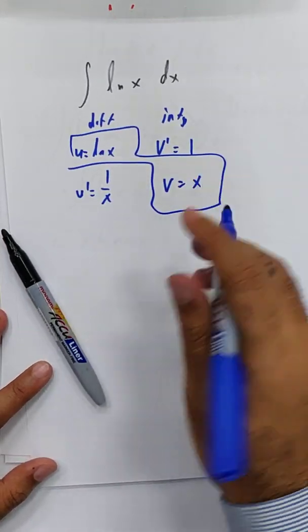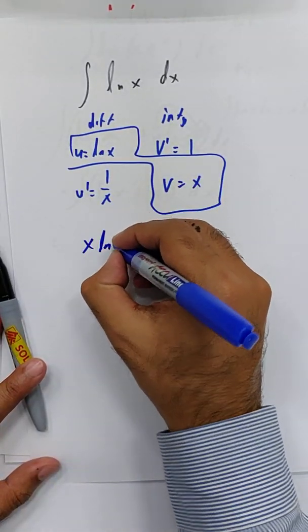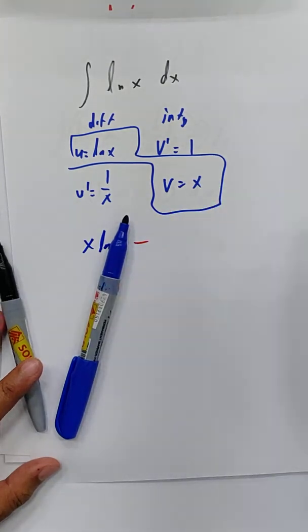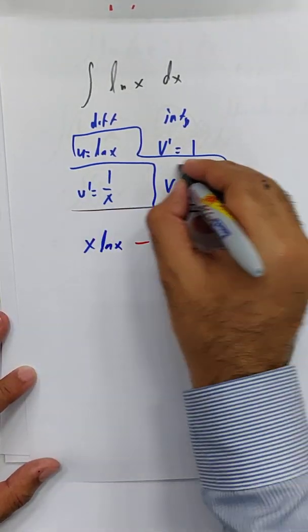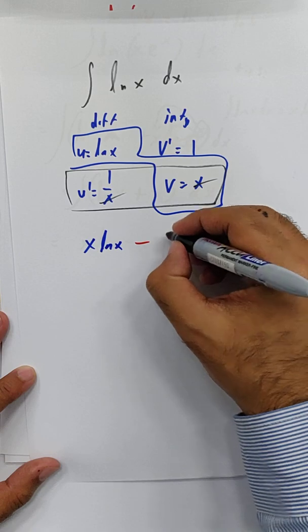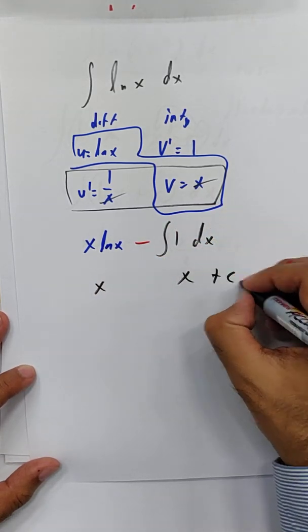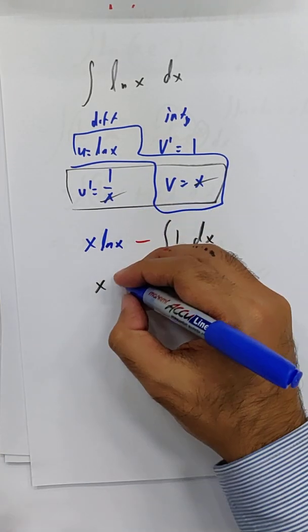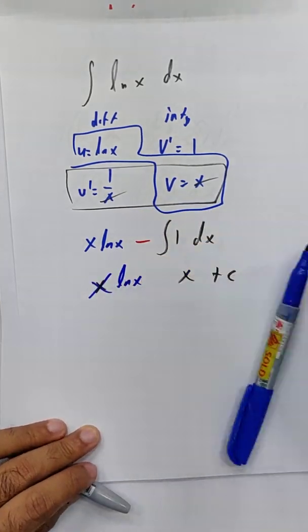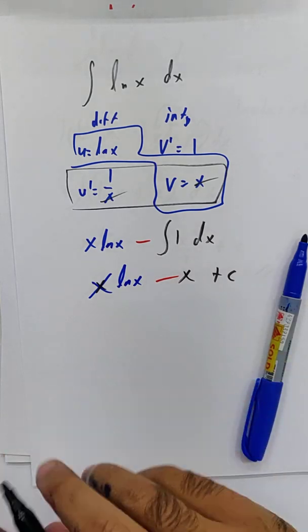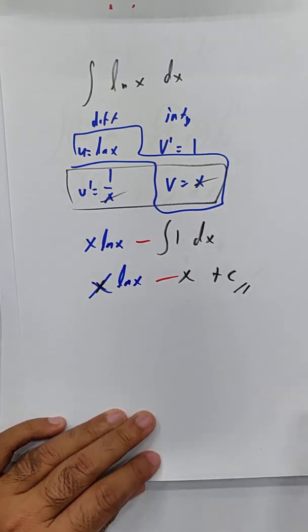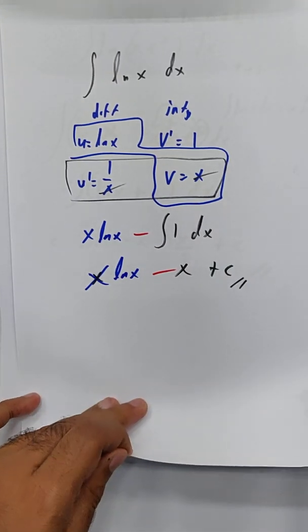I'm going to be a bit quick here. x ln x minus, combining this, I can simplify here, 1 dx. This x plus c, x ln x. You get used to it one day. We can do it quickly.